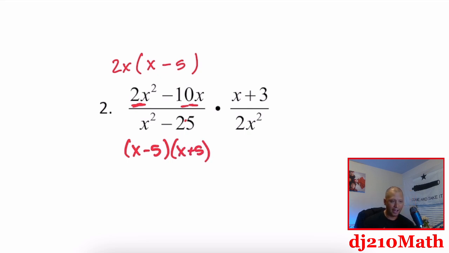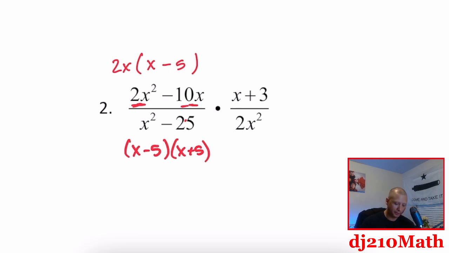At this point, you have to just be able to look at x squared minus 25 and know this is a difference of squares, 5 squared. Say this had been another perfect square, like 16, then it would be 4: x minus 4, x plus 4. But it's not. It's 25, so it's 5. All right, that's the bottom left.